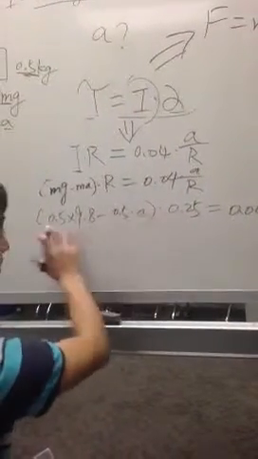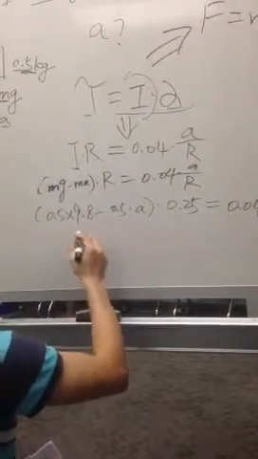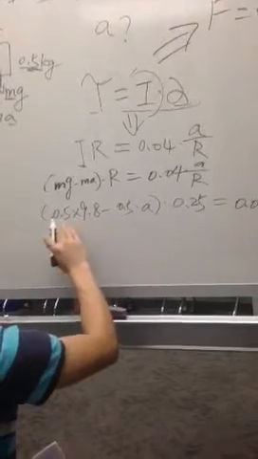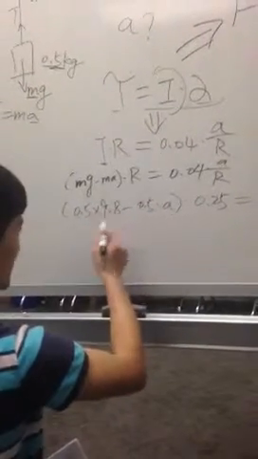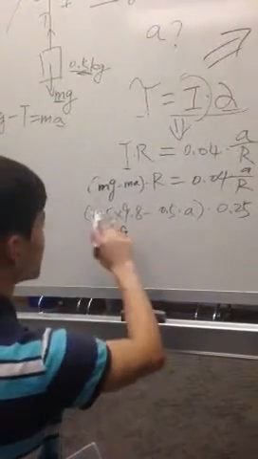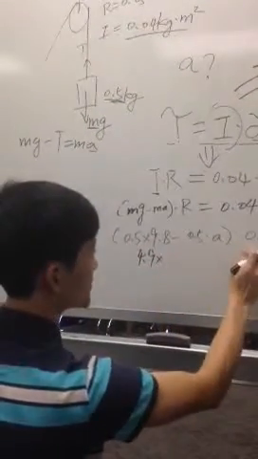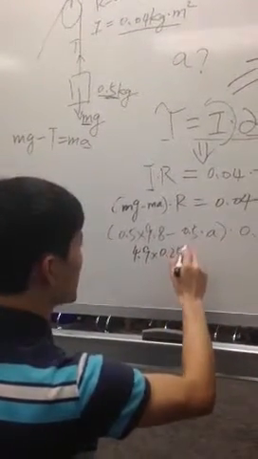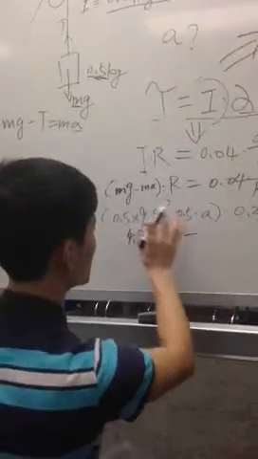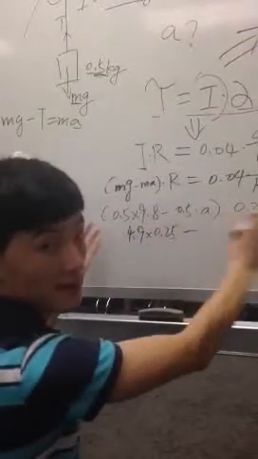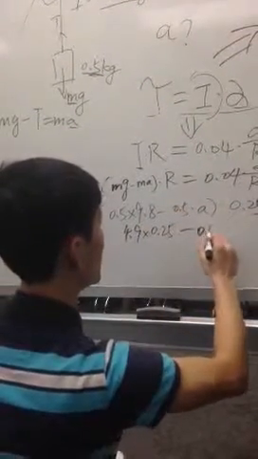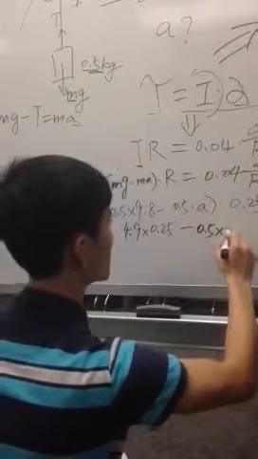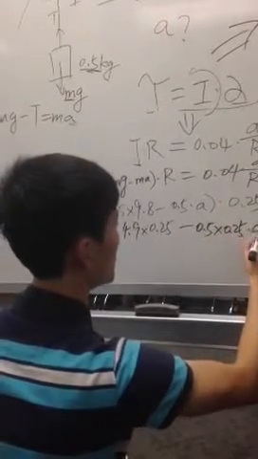Here, if you expand, right, that will be 0.5 times 9.8, which is 4.9, right? Here, times 25. So minus, you just need to expand. So you're foiling. Yeah. 0.5 times 25A, right?